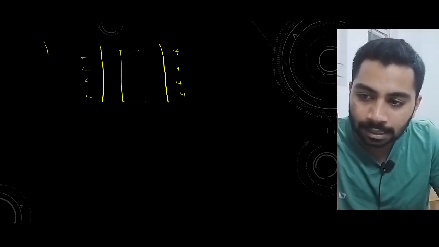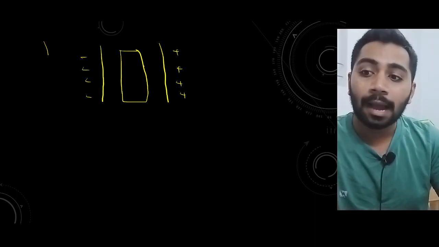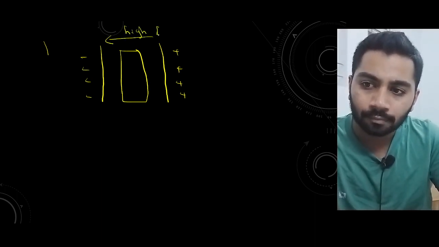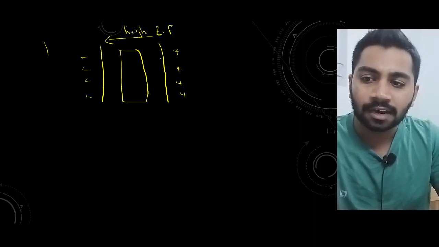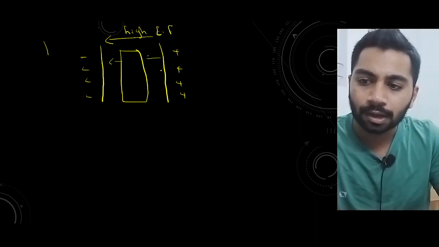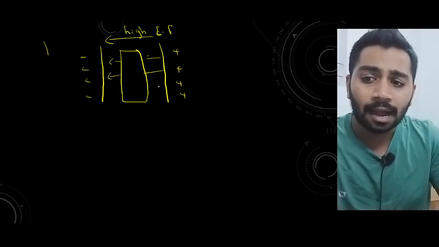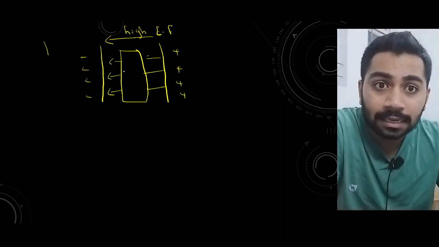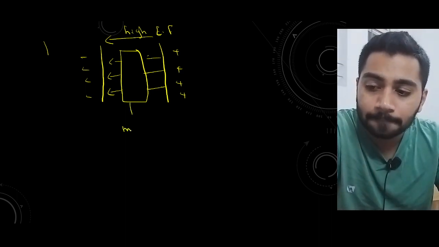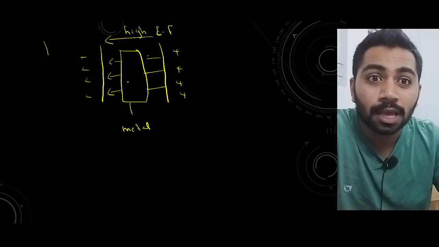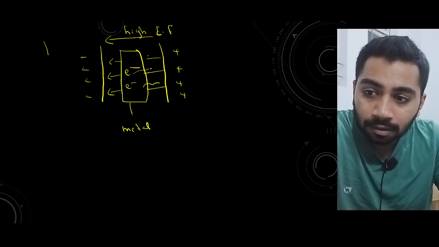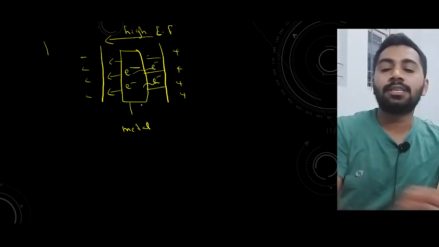If I keep a metal inside this and apply a very high electric field, going from here to here, then this metal has some electrons which move like this and come outside.